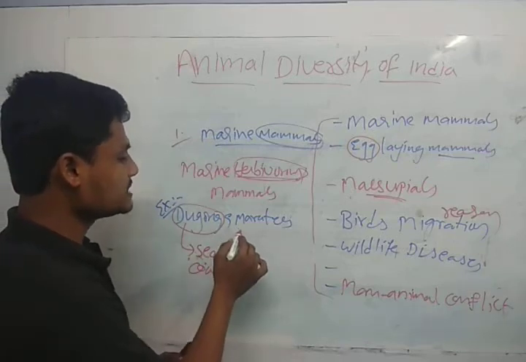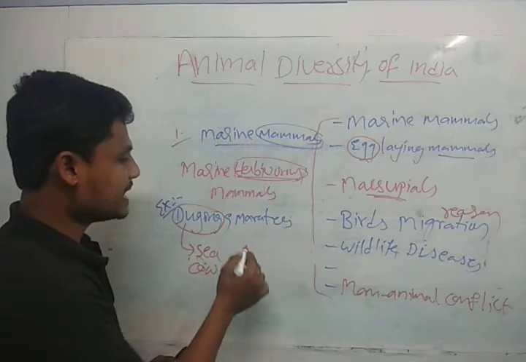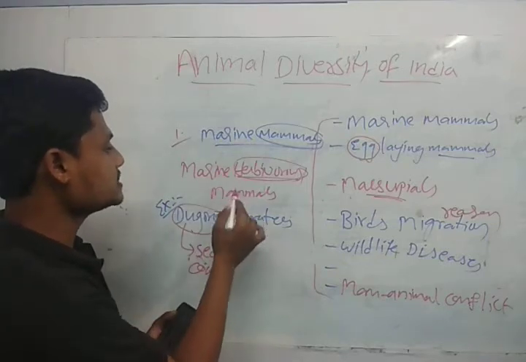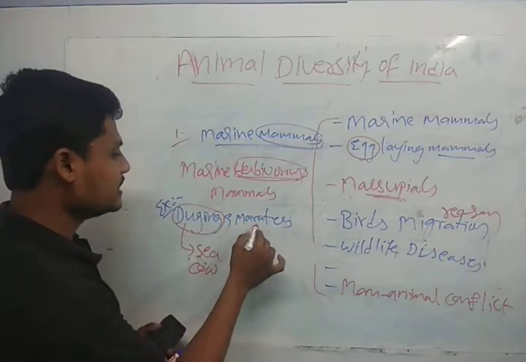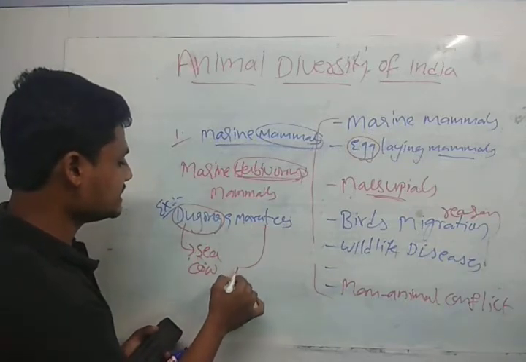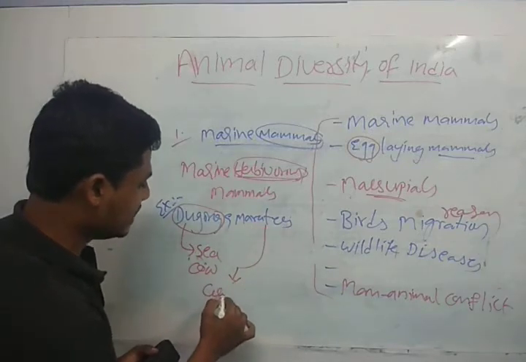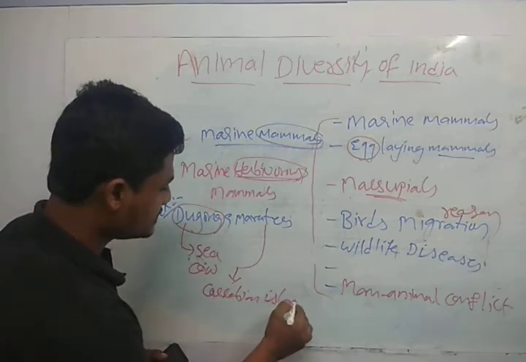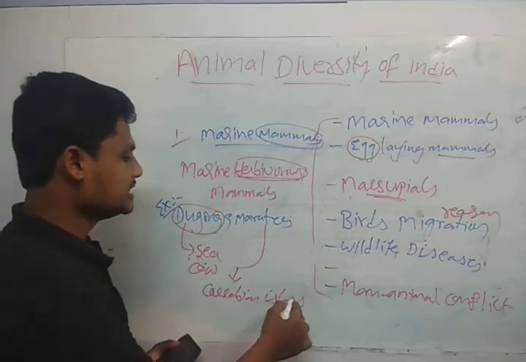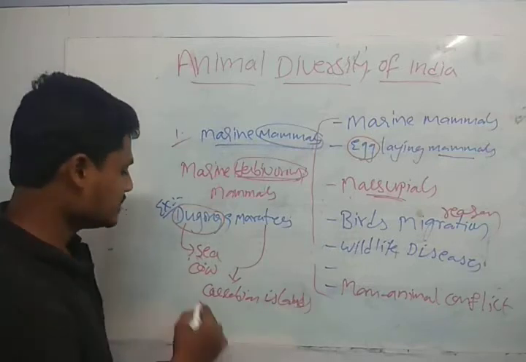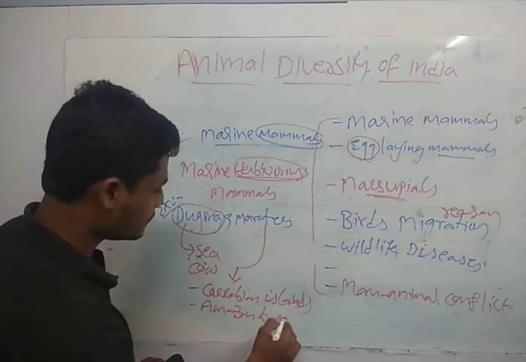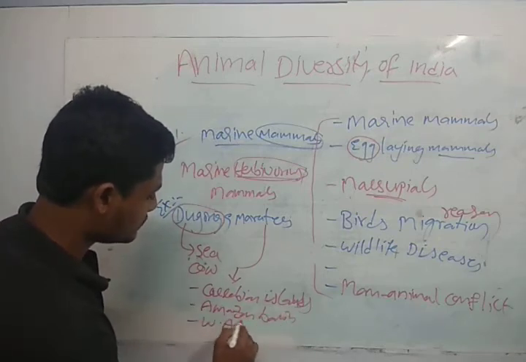So the manatees are also what we call marine herbivorous mammals, guys. These two are present in the Caribbean islands, and after that the Amazon basin and West Africa.